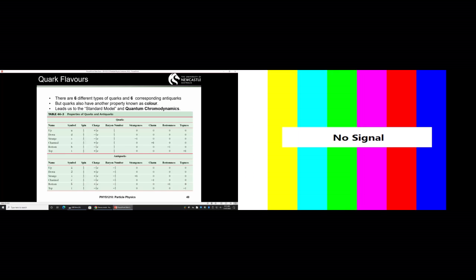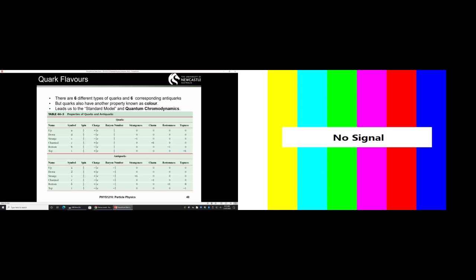The other thing that quarks have is color, which is a bit weird and is a bit like electric charge. It's called a color charge. And once we get to the stage where we can assign things a color, this gives us the current standard model of particle physics, quantum chromodynamics, chromo as in color.